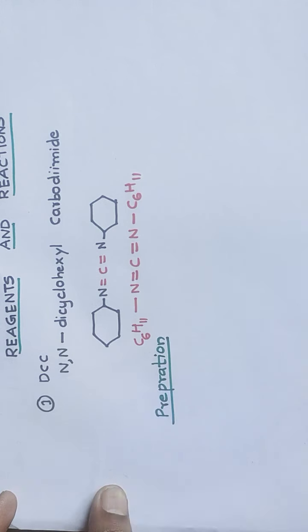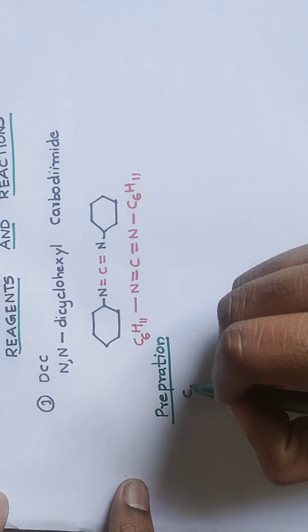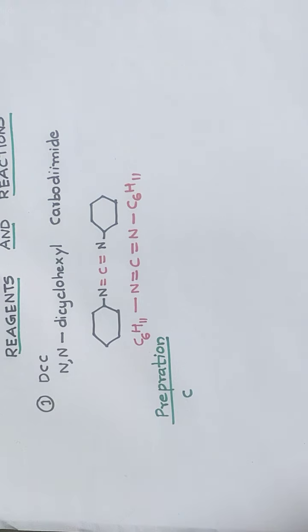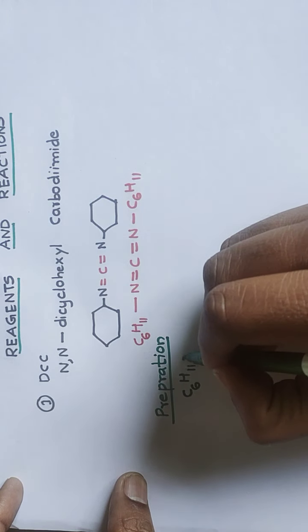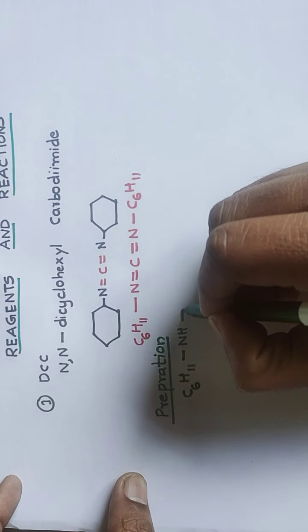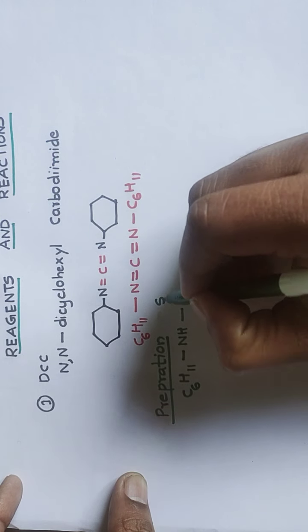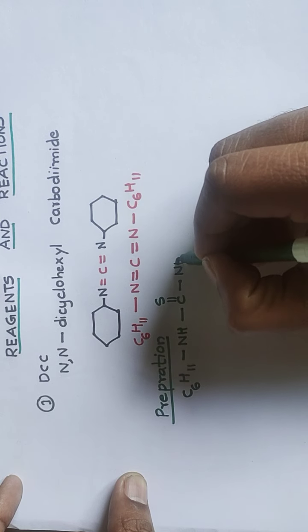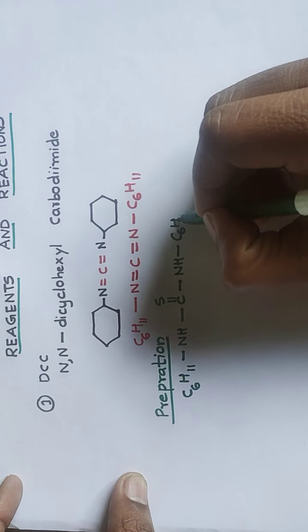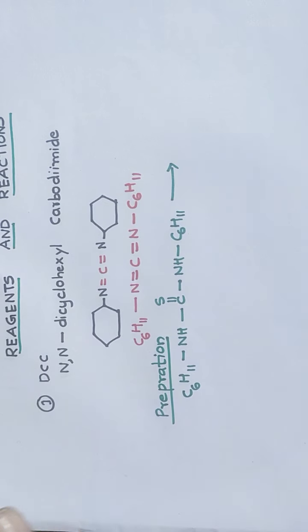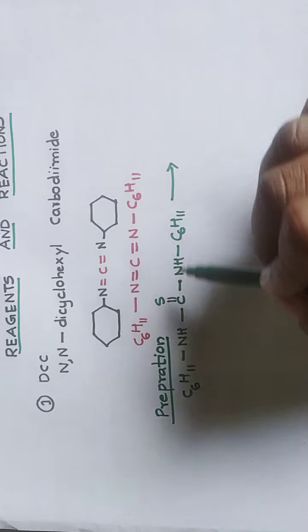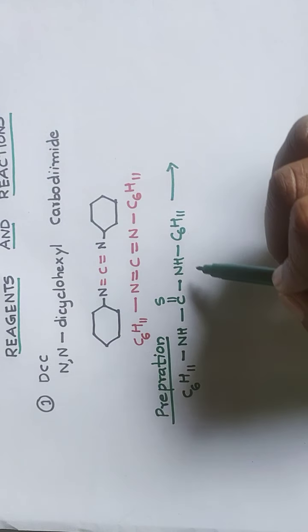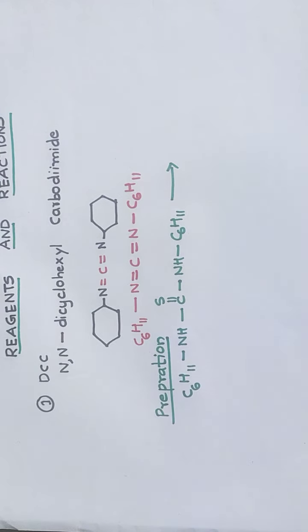It is C6H11 NH C double bond S NH C6H11. So this is N,N'-dicyclohexyl thiourea.